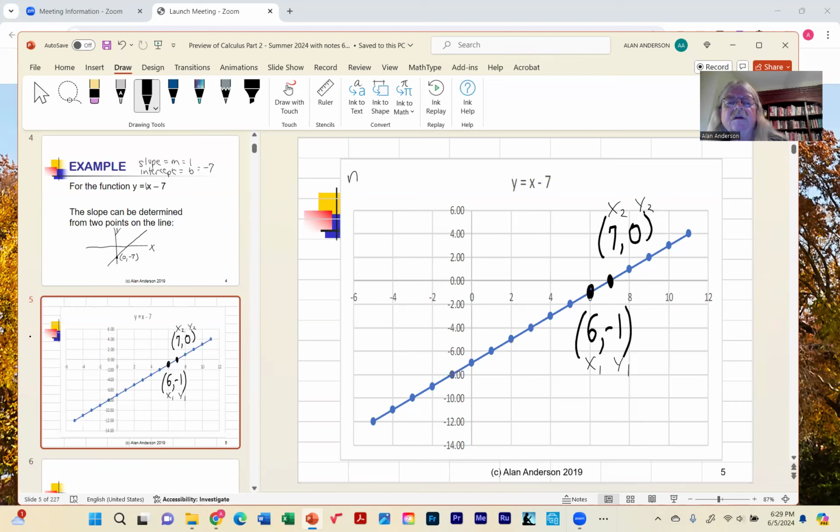The slope is y2 minus y1 over x2 minus x1, which means 0 minus minus 1 over 7 minus 6, which is 1 over 1, which is just 1. The intercept you can see is right here. Now, by the way, how can you find that algebraically?